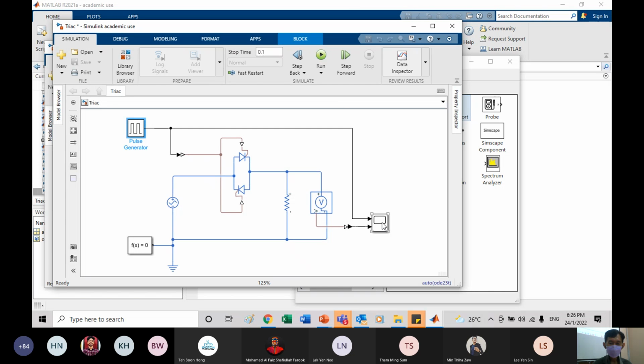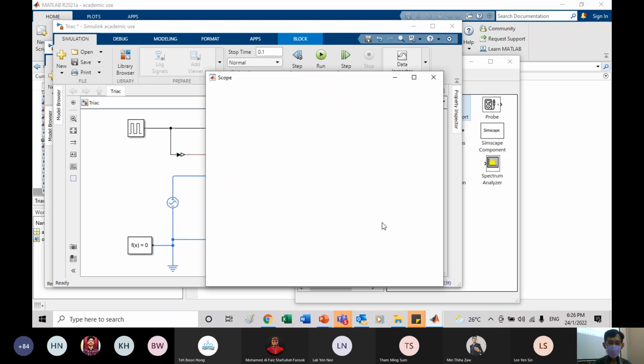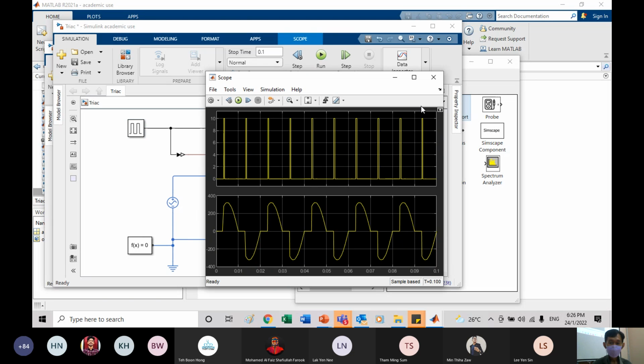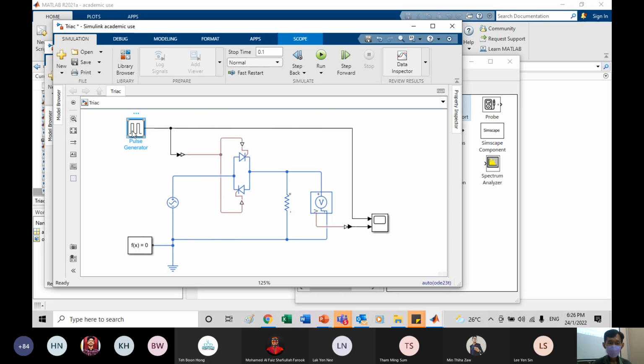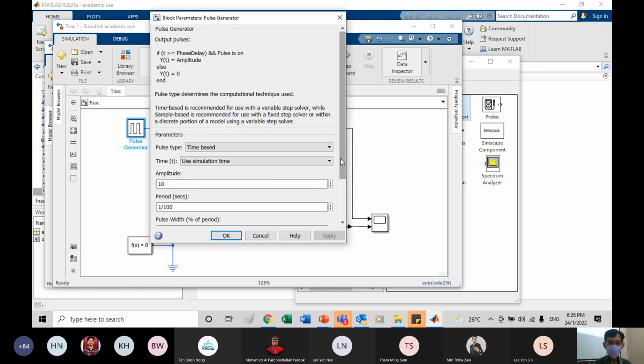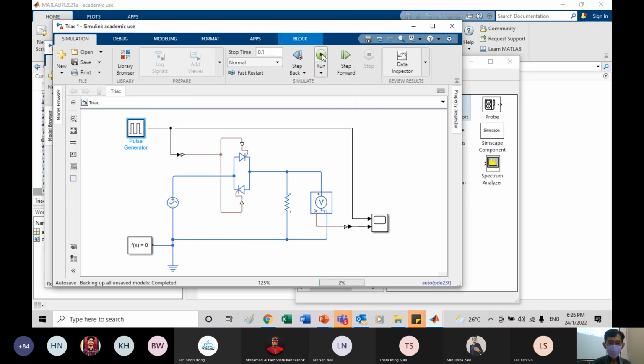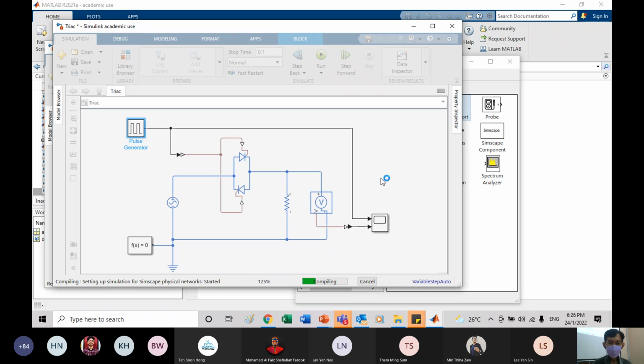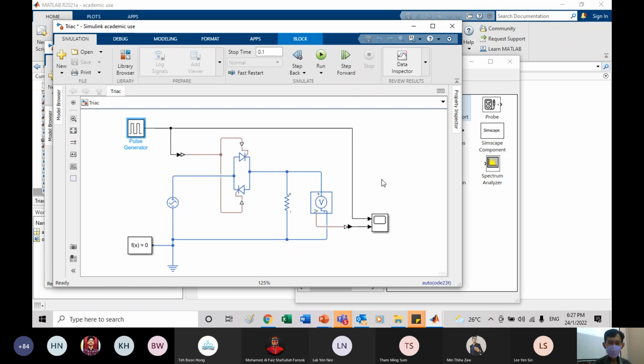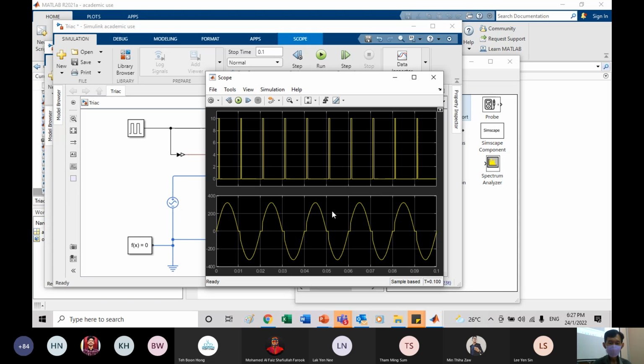And if you want less chopping, then you make it 10, and you almost see a sine wave. Something like that. All right.